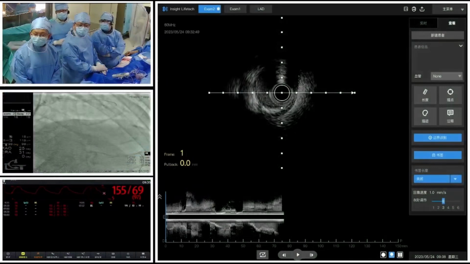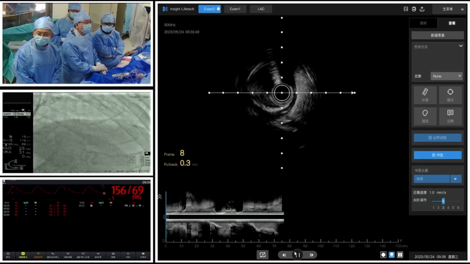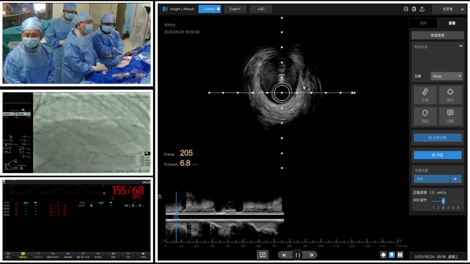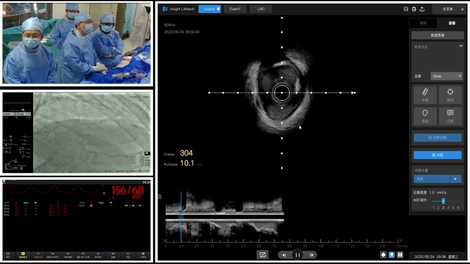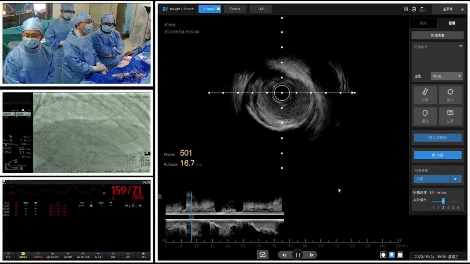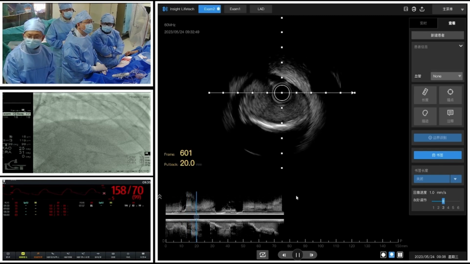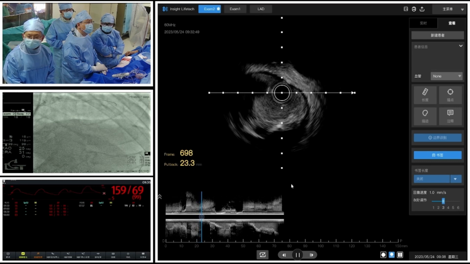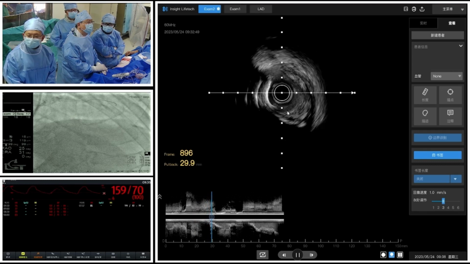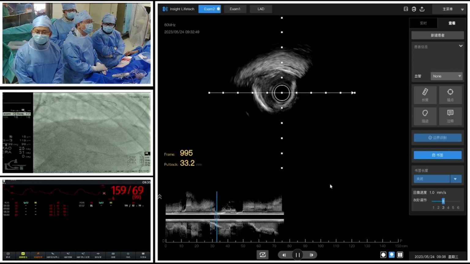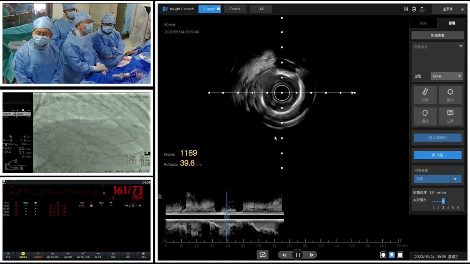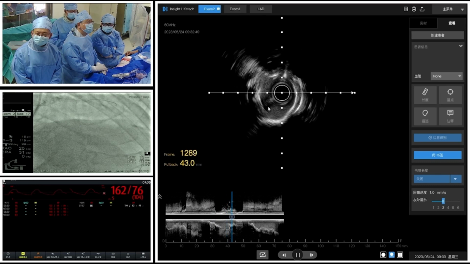Let's show the IVUS. Okay, this is the IVUS image after the IVL. We have seen there's some fracture after the rotation. Now we can see the effect of IVL. Okay, there's a bigger fracture after the IVL compared with the fracture after the rotation.